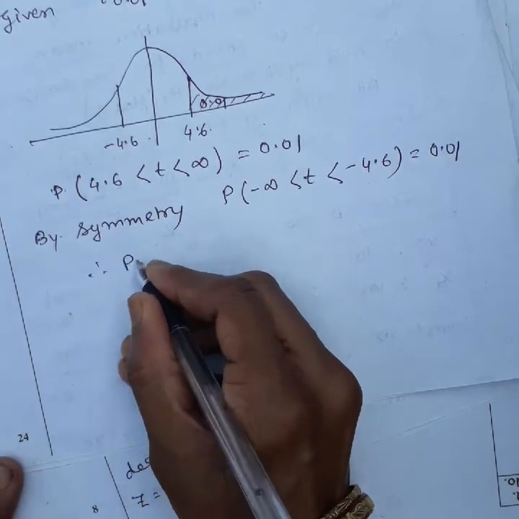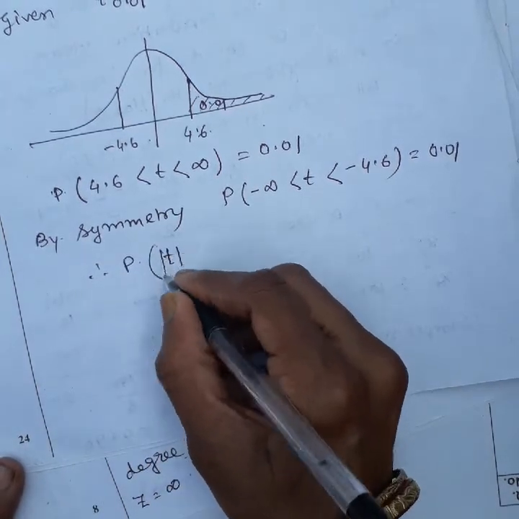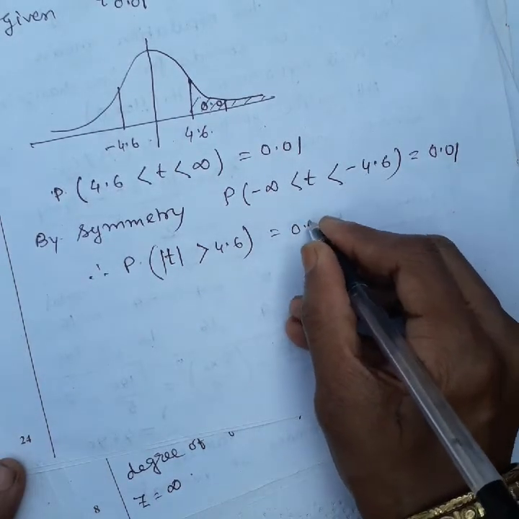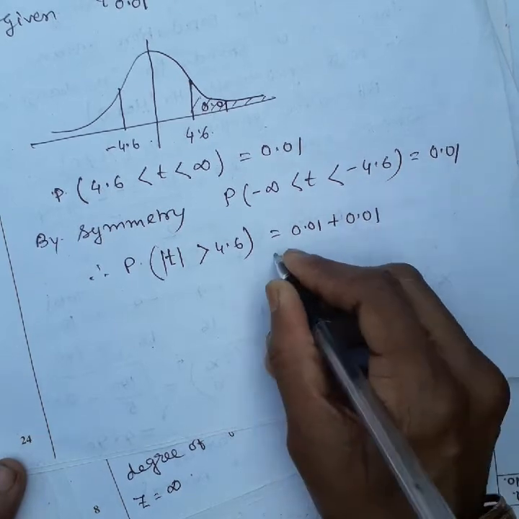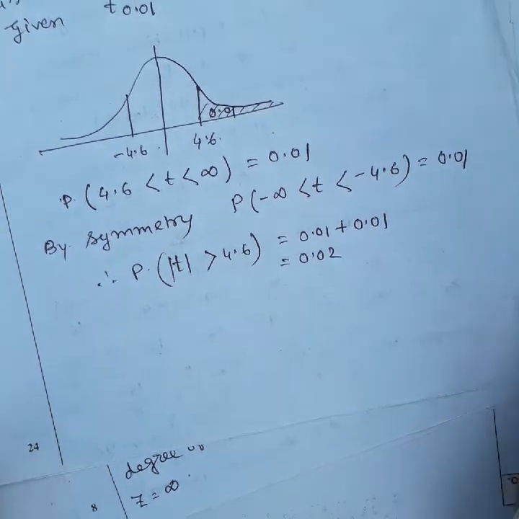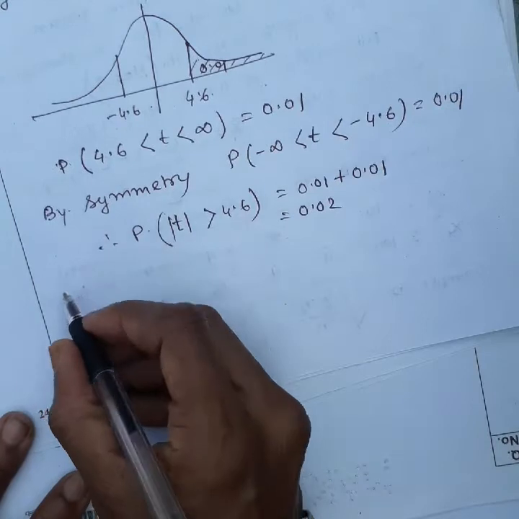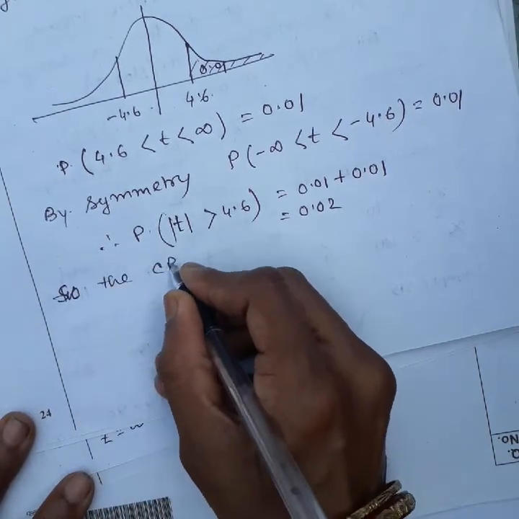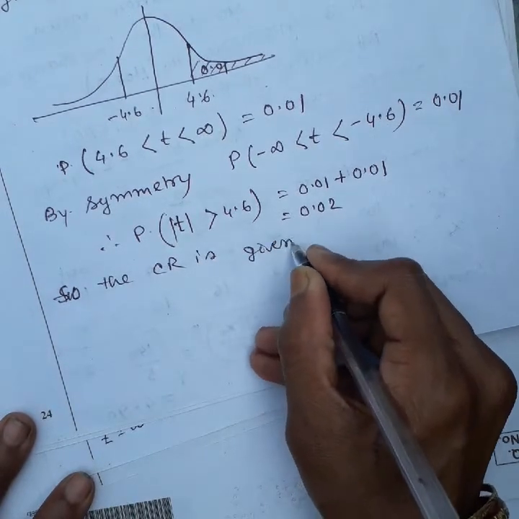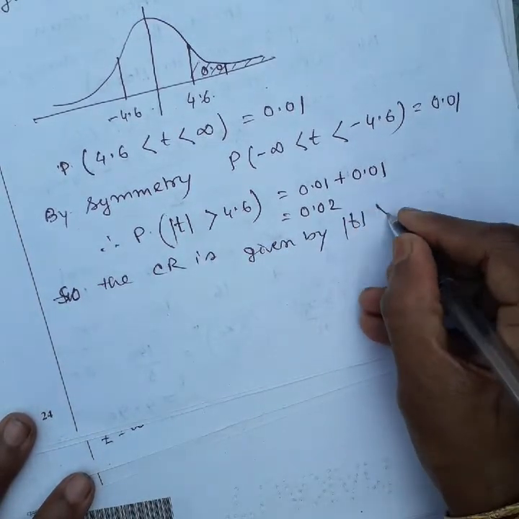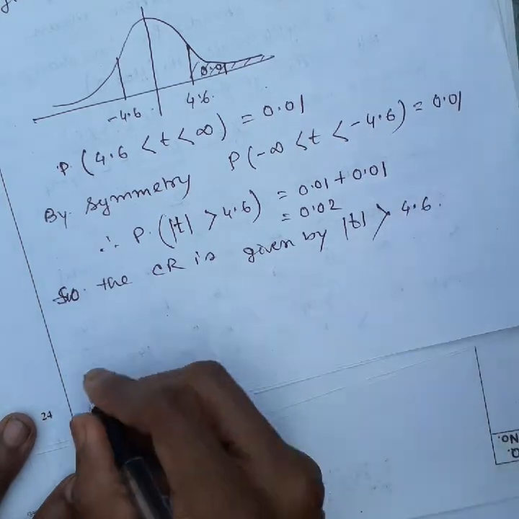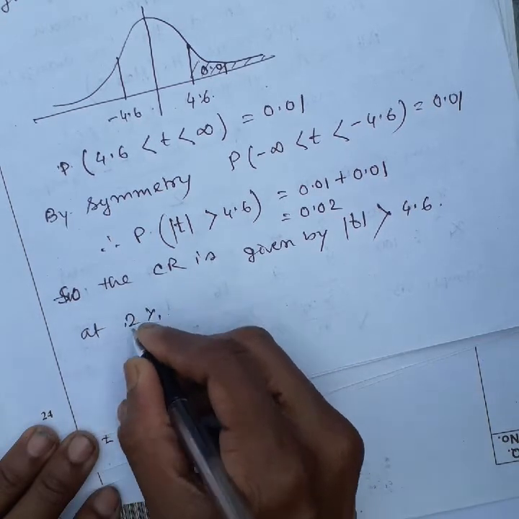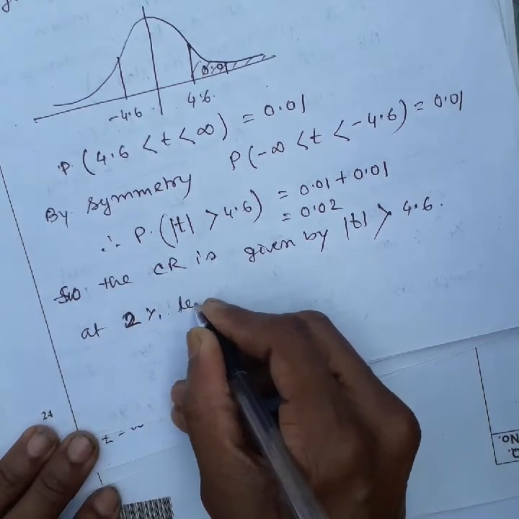So the probability of modulus of t greater than 4.6 is 0.01 plus 0.01, that is 0.02. So the critical region is given by modulus of t greater than 4.6 at 2% level of significance.